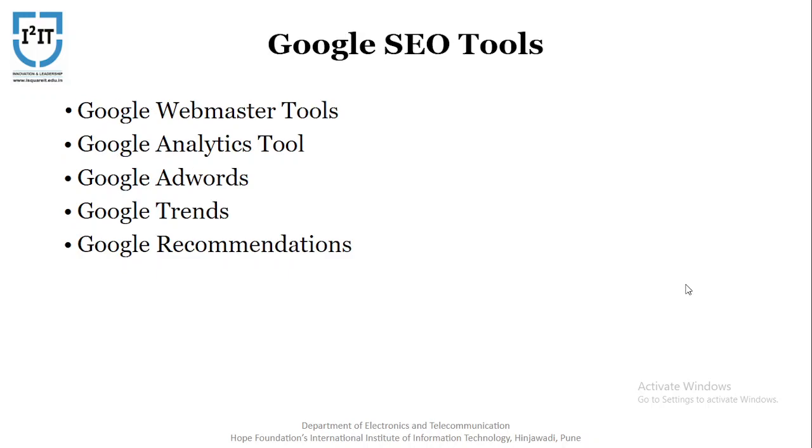Next come the Google SEO tools that are available in the market. First comes the Google Webmaster tool that helps webmasters better control how Google interacts with their website and get useful information from Google about their site.